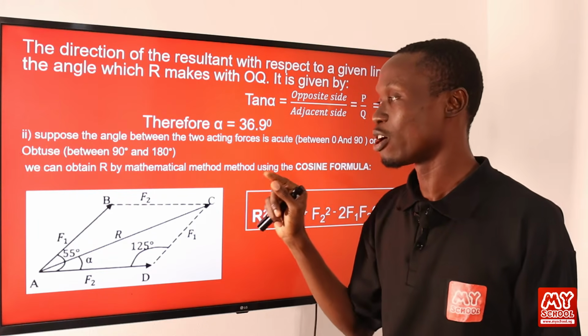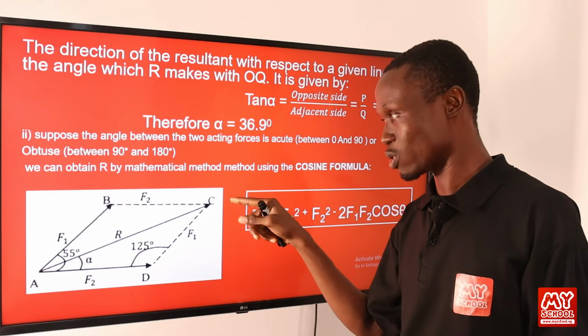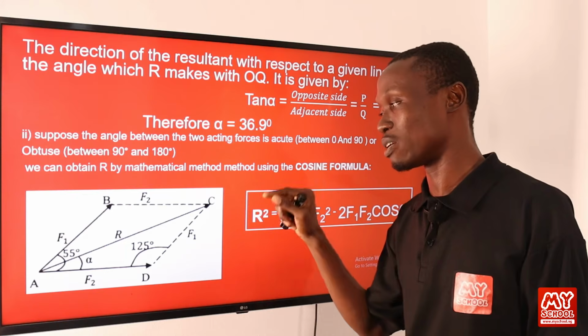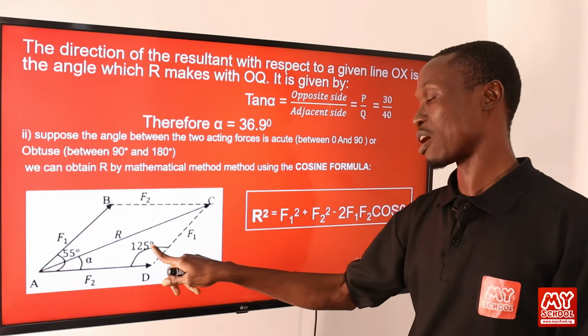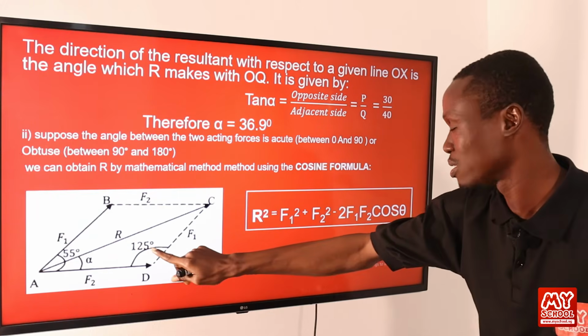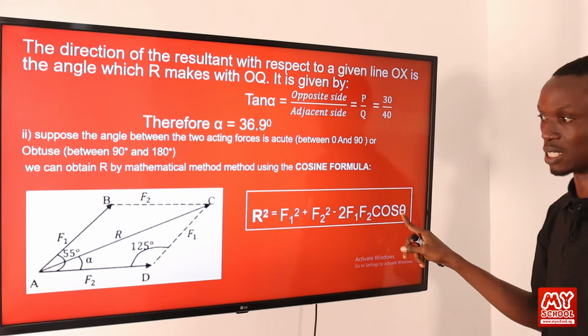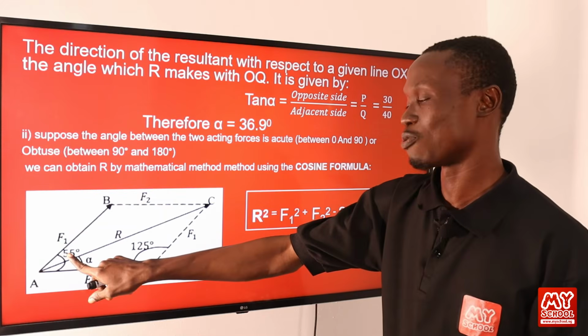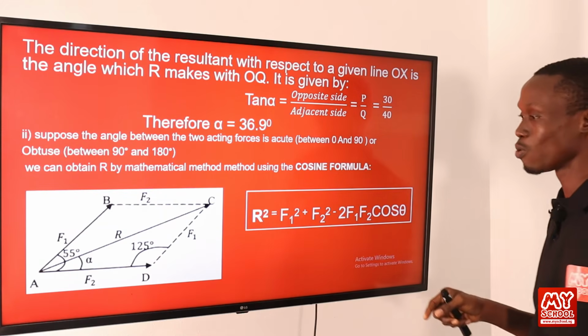To get the value of X, you simply divide the result, 250, by 2, and that will give you 125. So this is the angle that you use here in place of theta, and not 55 degrees. So take note of that.